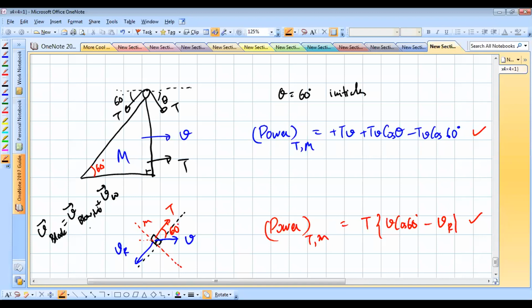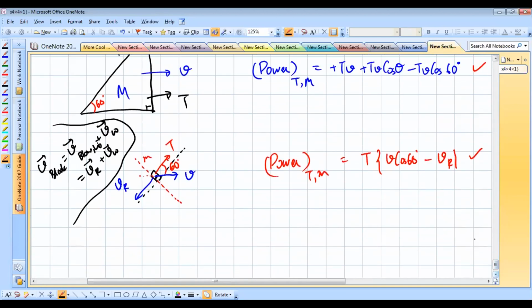So it is the sum of the relative velocity plus the velocity of the wedge. The velocity of the wedge is only v horizontal. So the net velocity of this is the vector sum of this v and this v_r. So that's why the power delivered we have to consider like this, right?